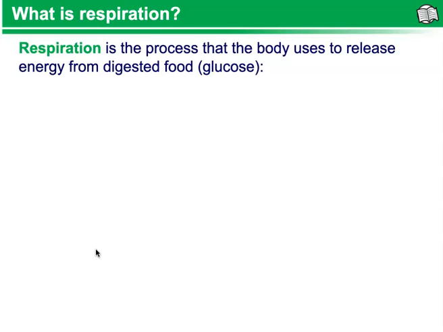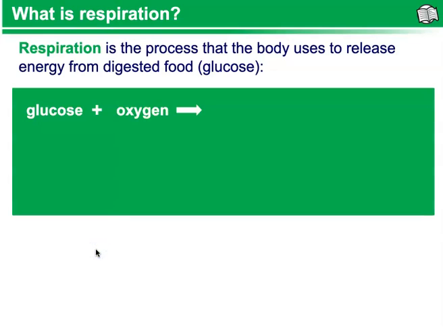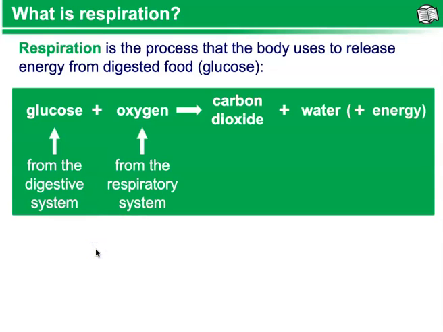What is respiration? Respiration is the process that the body uses to release energy from digested food. Glucose plus oxygen. The glucose comes from the digestive system.